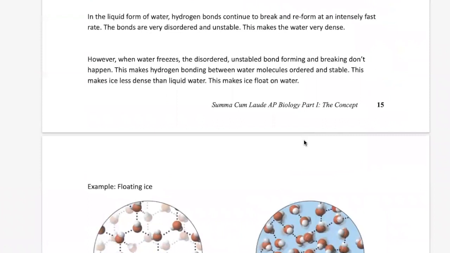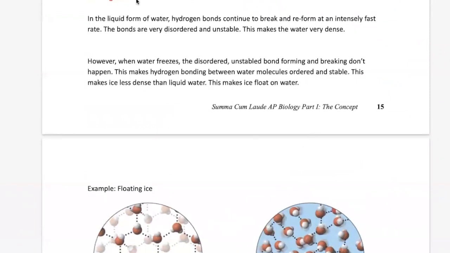The next property that we're going to learn about is floating ice. We learned that whatever has lower density floats. And generally, by default, solid has the highest density, then liquid, then gas.